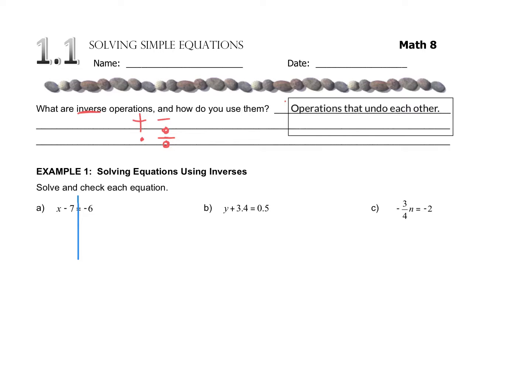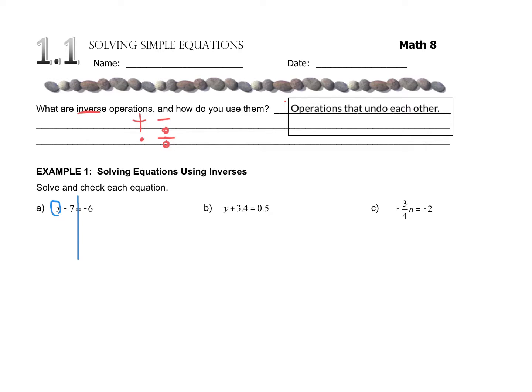Basically what we do is we do the opposite of what we see to help move it across. The other thing that I would like you to be in the good habit of is I always circle the variable I'm trying to get all by itself.